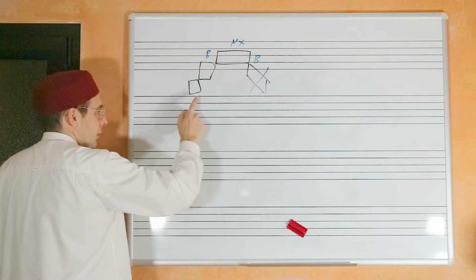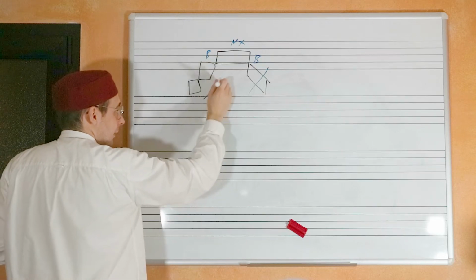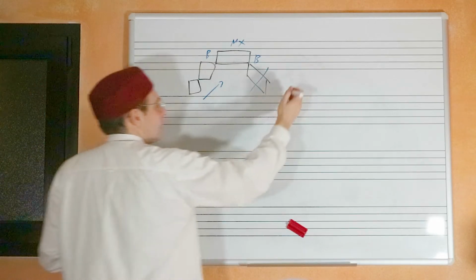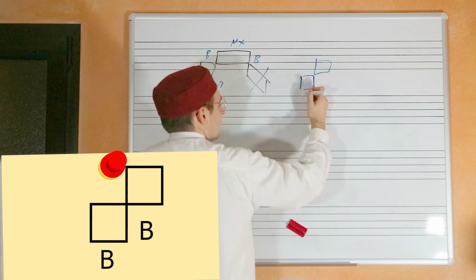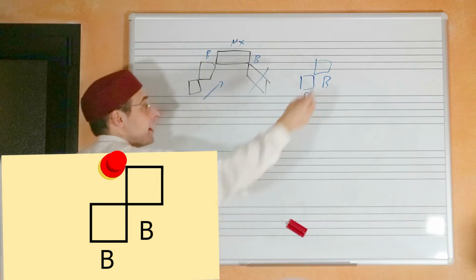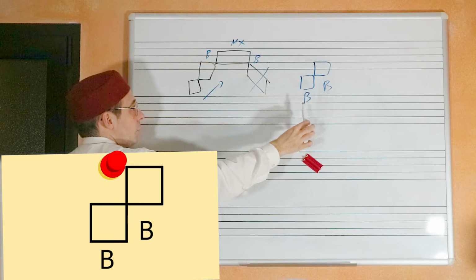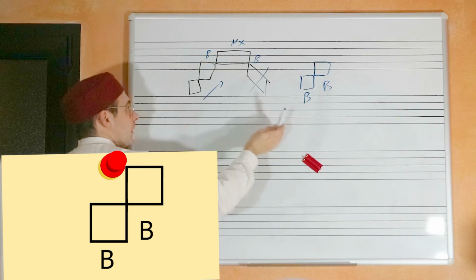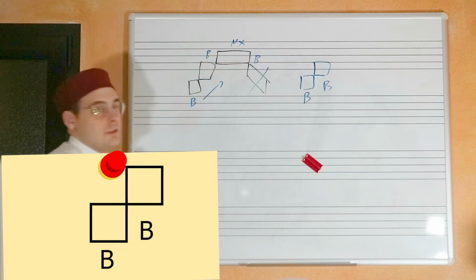So, this note goes in an ascending direction. It is like this case, in which two ascending notes are brevis plus brevis. Because this is the beginning note, I only have to consider the first note of this case, that is brevis. So the first note is brevis.